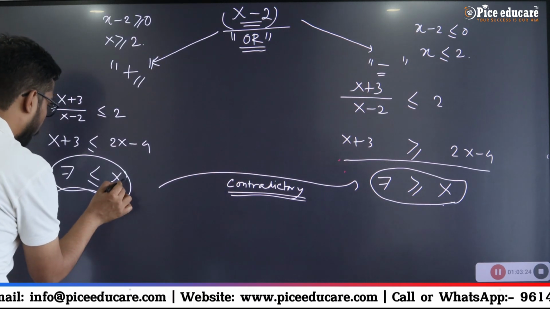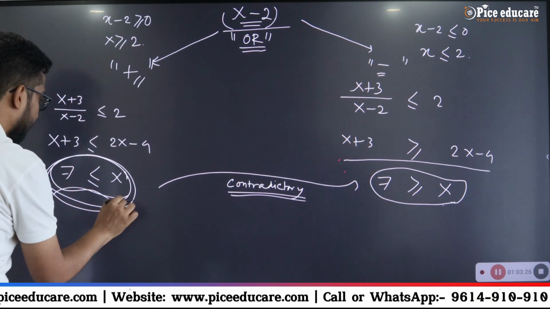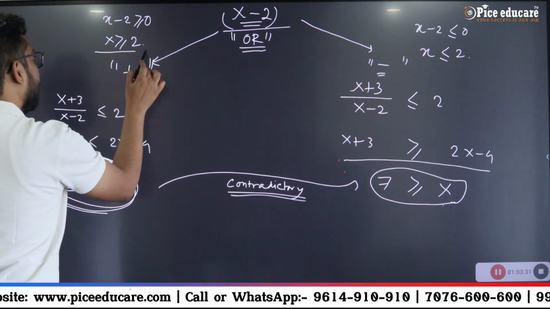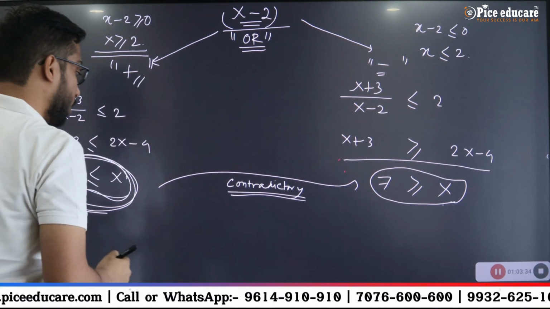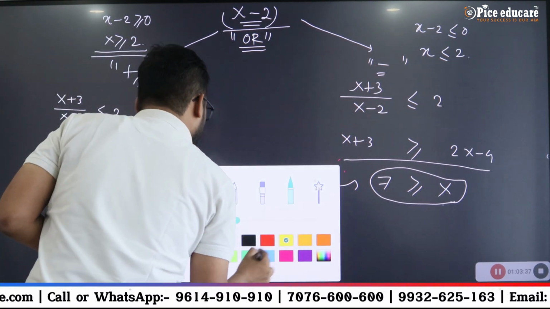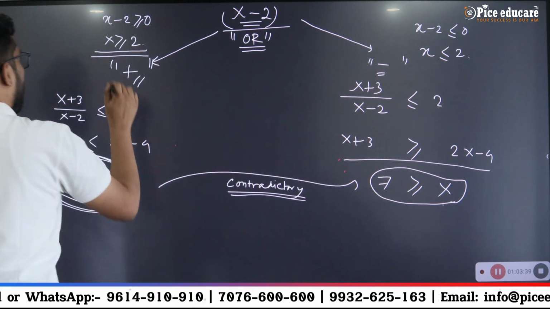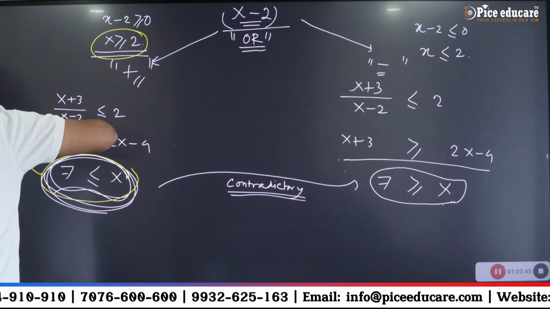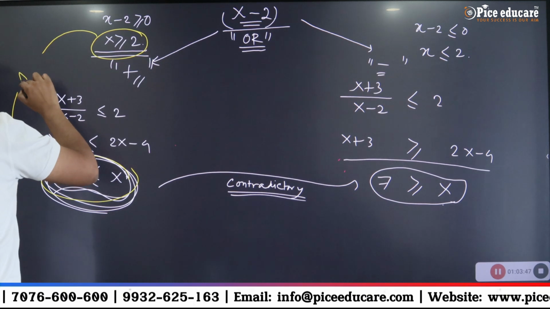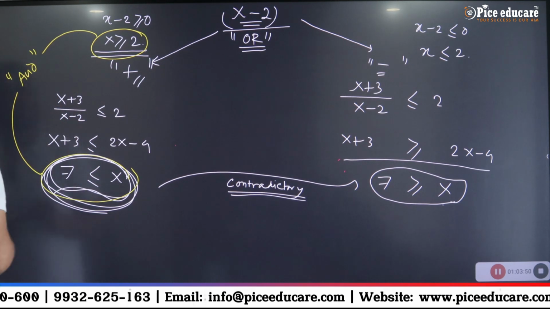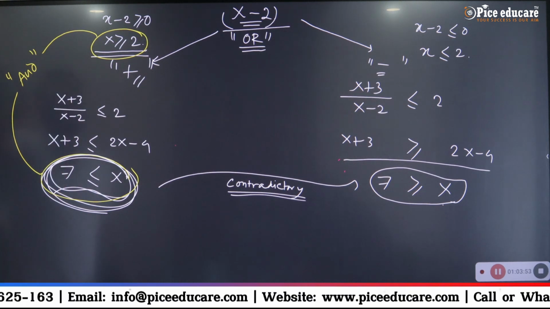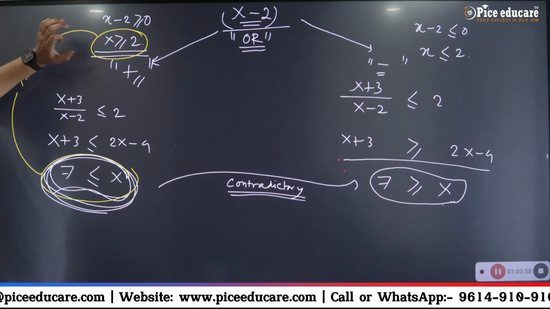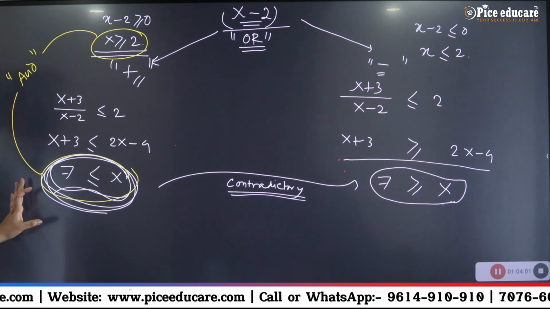So if I am reaching this conclusion that x is bigger than equal to 7, we are reaching this conclusion only because we started from here, which means that if this is our starting point and this is our conclusion, here is an inherent AND present. So we read it like this: if my x is bigger than 2, then my x can be bigger than 7.